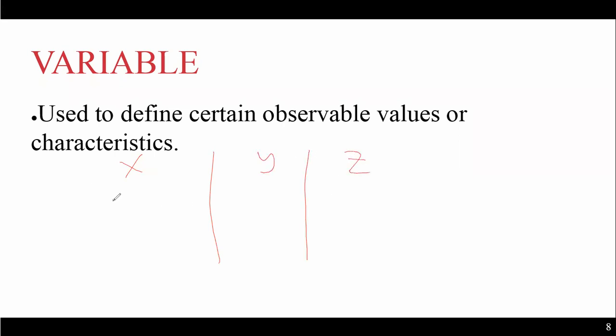Variable x is the age of your respondents, y is their height, and z is their weight. Please observe that they are different. X is different from y, and y is different from x and from z. So, variable is used to define certain observable values or characteristics. Remember, each variable is unique.